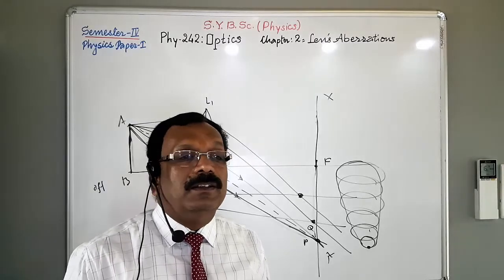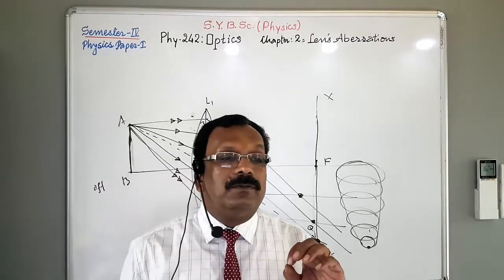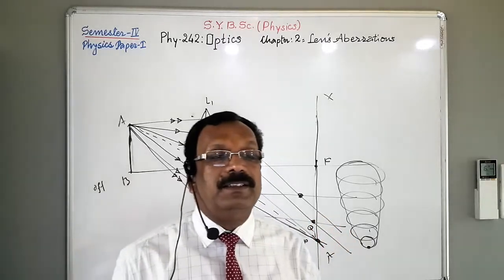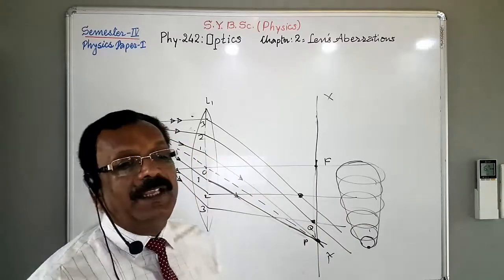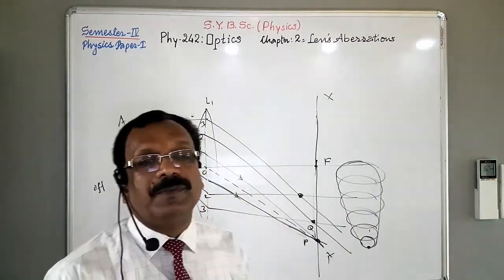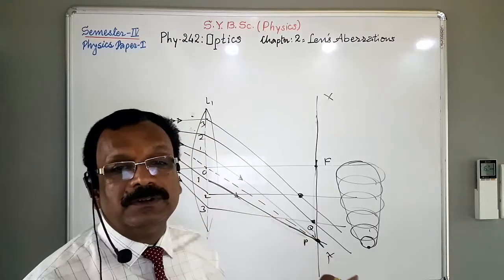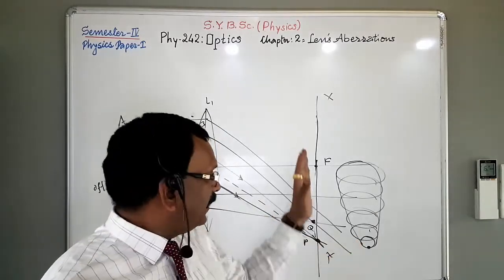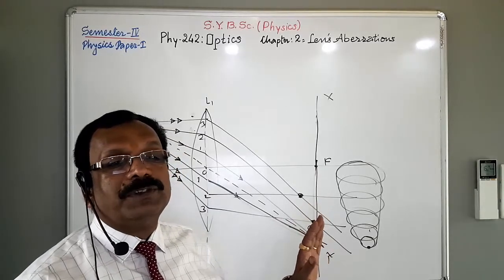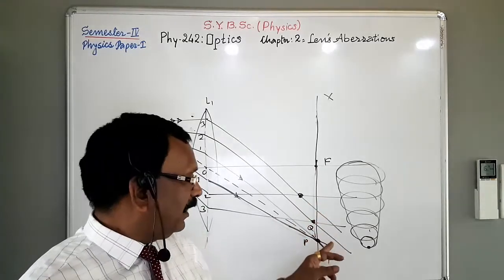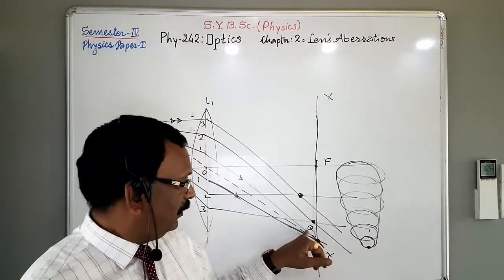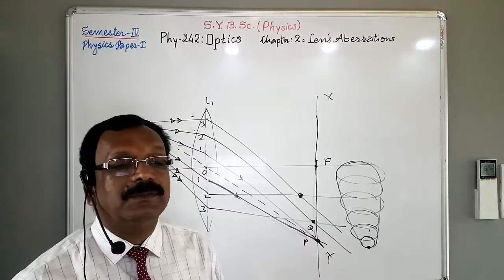So the cone of rays starting from point A and inclined as ray 2, 2 will meet at point Q. If the screen is again placed here, the cone will produce a bright circle at point Q, not at point P.